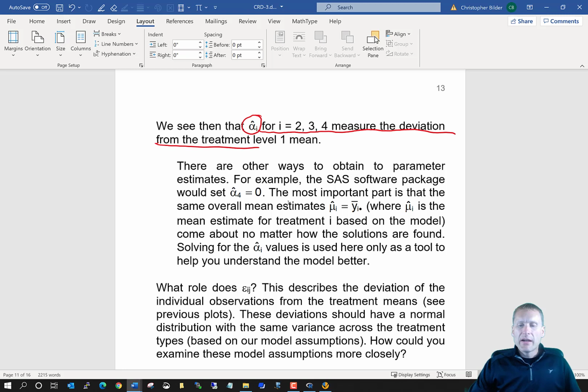Now, for example, alpha hat 2 is a measurement of how design type 2 is different from design 1. Alpha hat 3 is now a measurement of how design type 3 is different from design type 1. That's what these alpha hats now represent in our model.